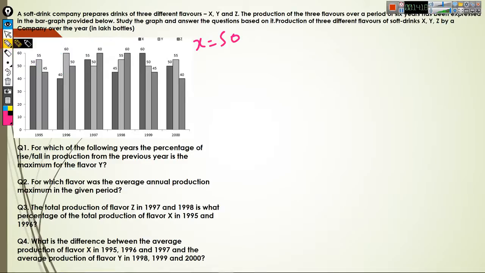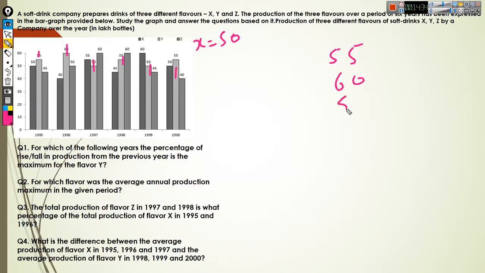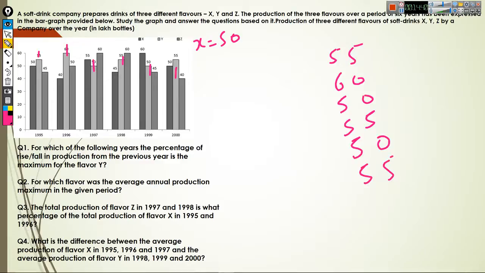Now we will find the average production of Y. So Y is 55, 60, 50, 55, 50 and 55. Again 6 values: 5 and 5 is 10, 10 and 5 is 15, 5 carry 1, 5 and 1 is 6.